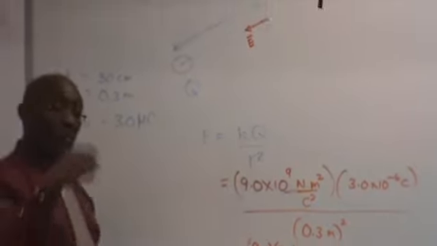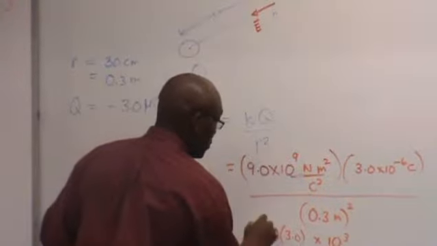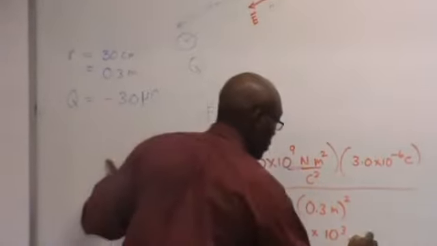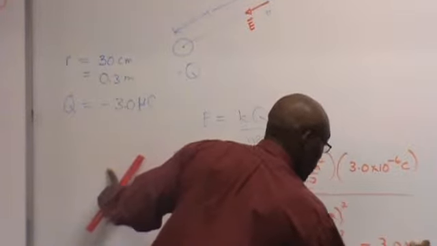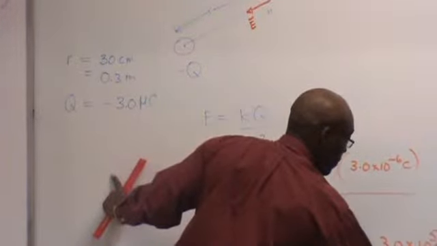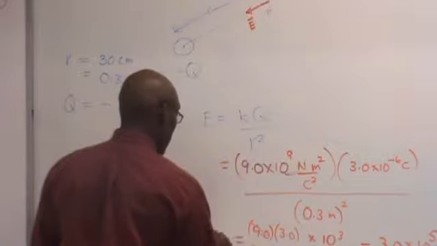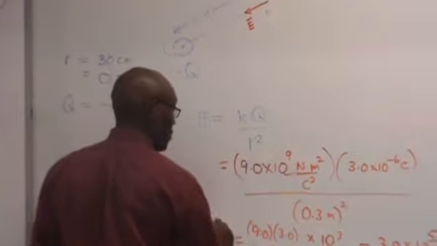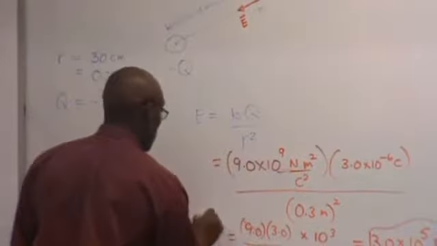I'm doing my little algebra. You can do it on the calculator. So this cancels that. So that's going to leave 3.0 times 10 to the 5. So this is my electric field. This is the magnitude of the electric field at that point.